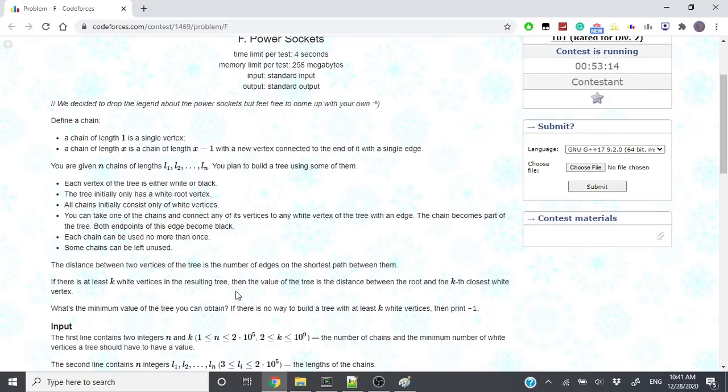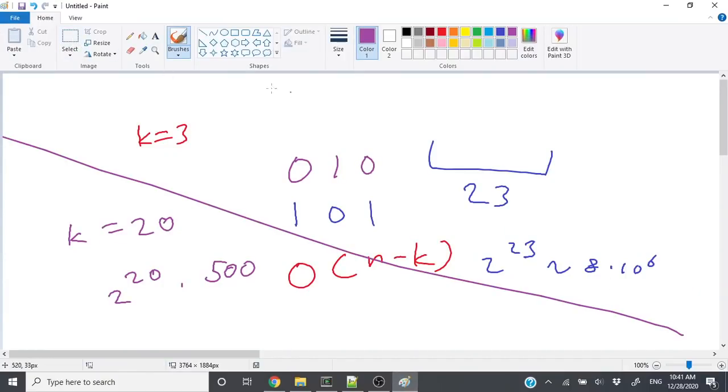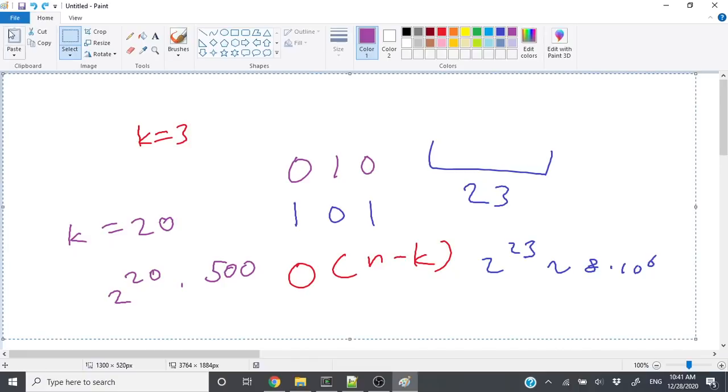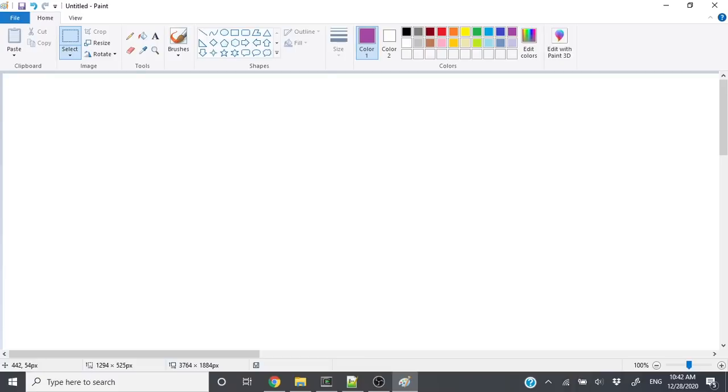Alright, so you can take any one of the chains. Alright, let me try and illustrate this, I guess. That's not what I meant to do. Alright, actually, let me do the satisfying. Oh yeah, okay. So, you can take any one of the chains, and we can attach. Wait, okay. So we have this root that's white.